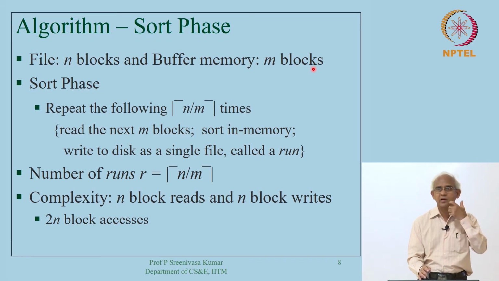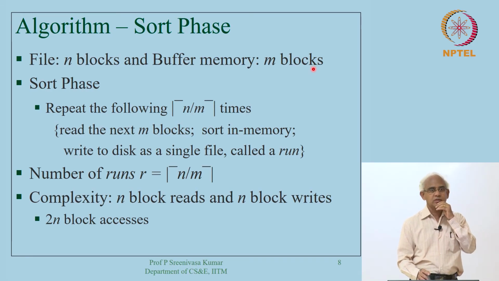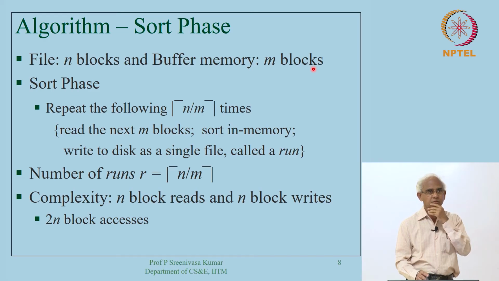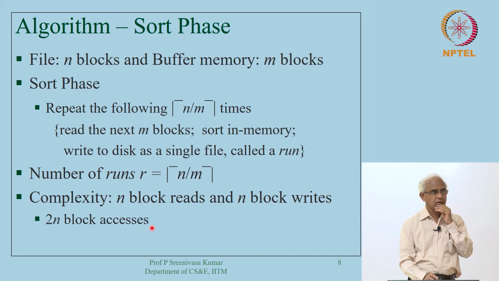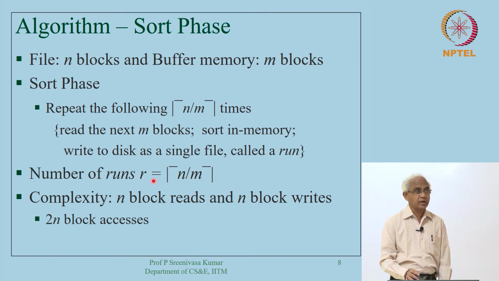Essentially you are reading all the data file blocks and then writing them back, so it is 2n block accesses. Are you all with me on this? At the end of the sort phase, we have created some r number of sub files, each of which is sorted. Now, we can actually do the merge.